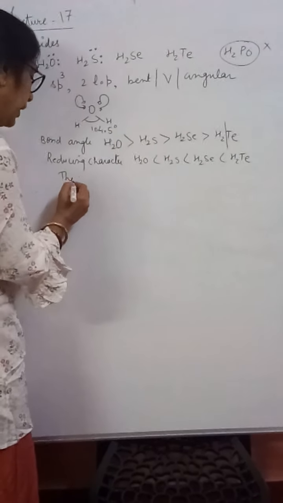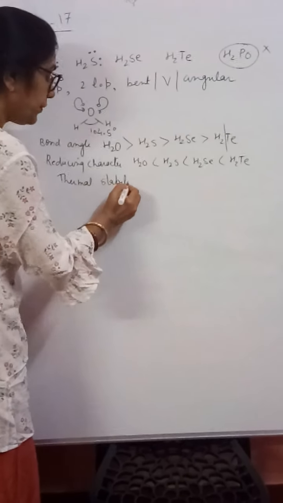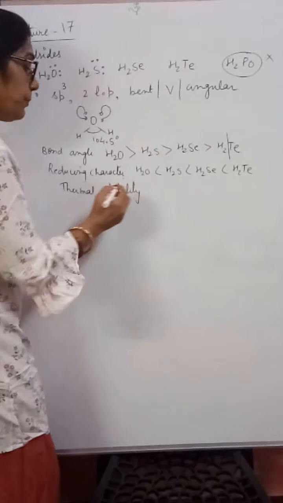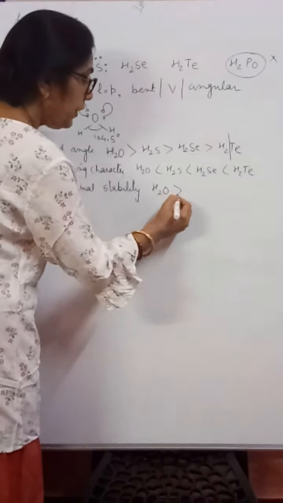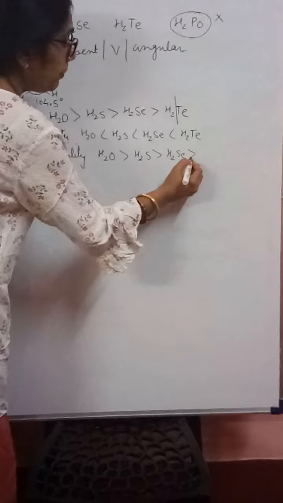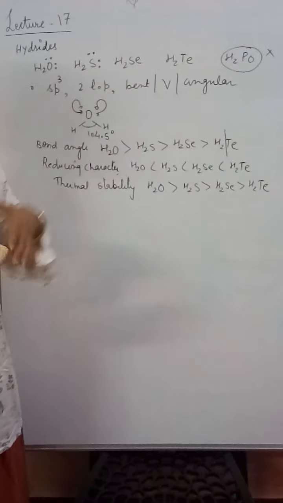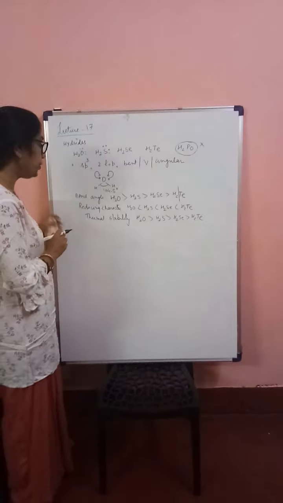But thermal stability, stability towards heat, will also decrease on going down the group because the bond dissociation energy decreases when we go down the group.